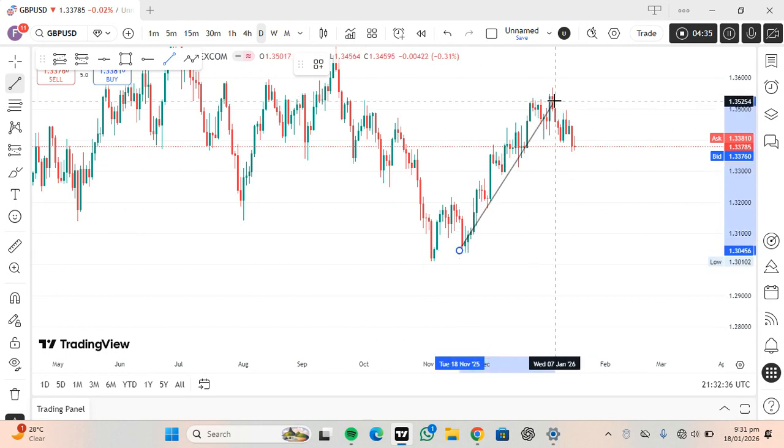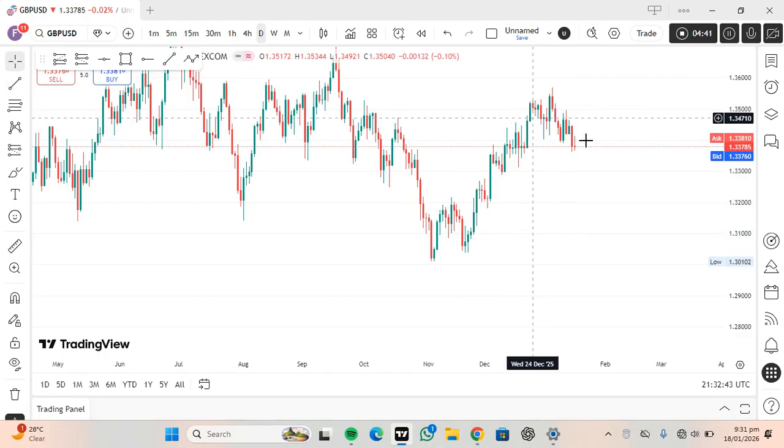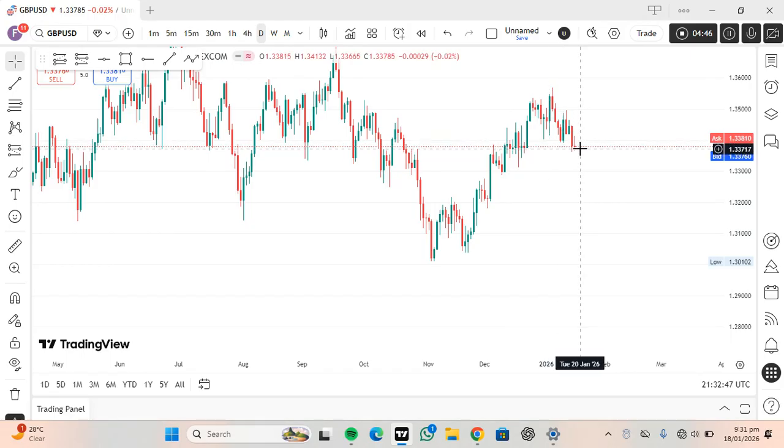From 25th November to 26th January, it was bullish. But see what's currently happening. GBP is currently bearish. According to the information we are getting from the daily time frame, you can see that the last two daily candlesticks are red and they are bearish candles.